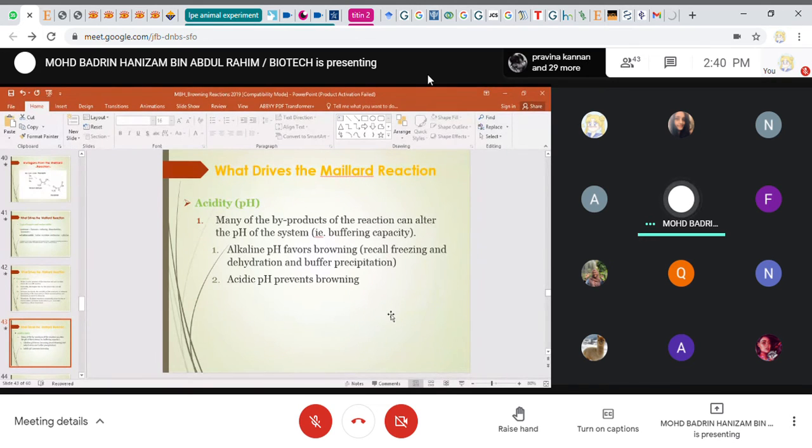Next, what else? Acidity, the pH. Many of the byproducts of the reaction can alter the pH of the system, so you need to have a buffering capacity.